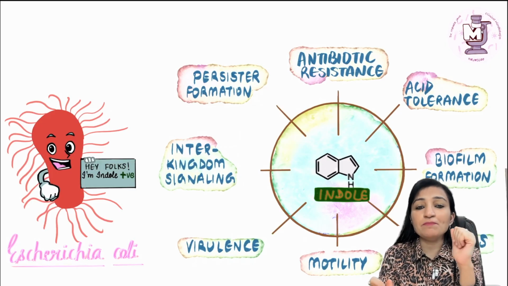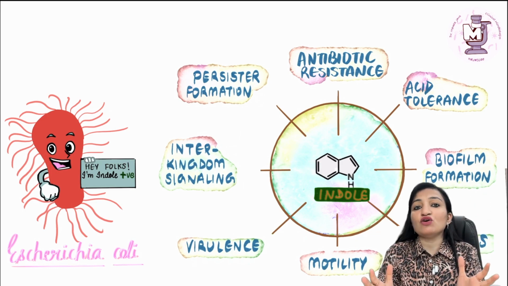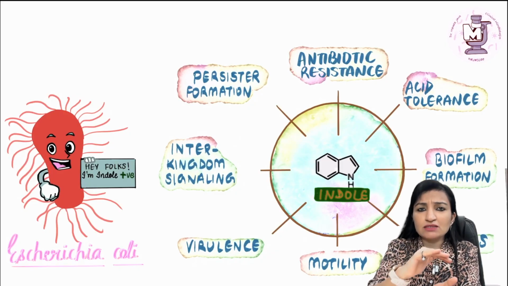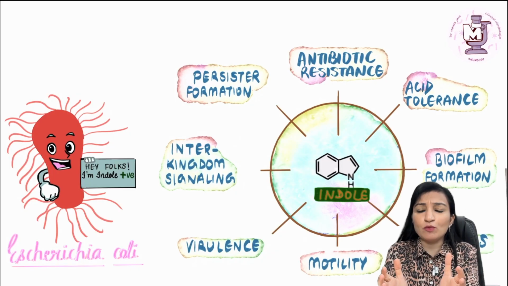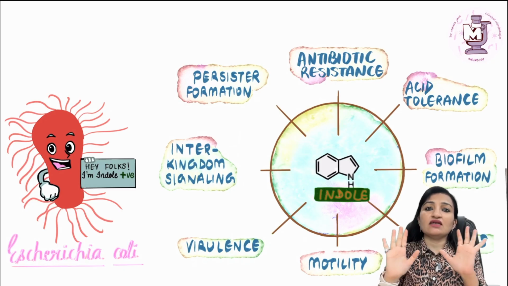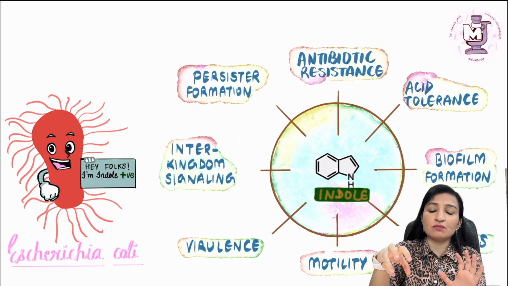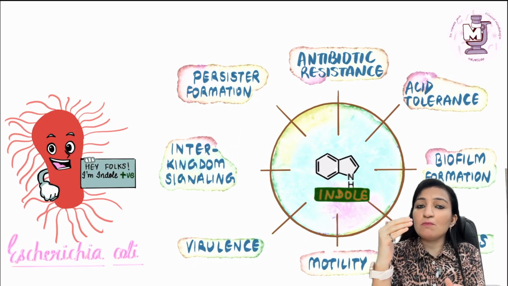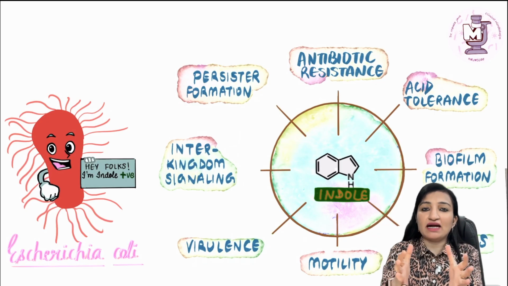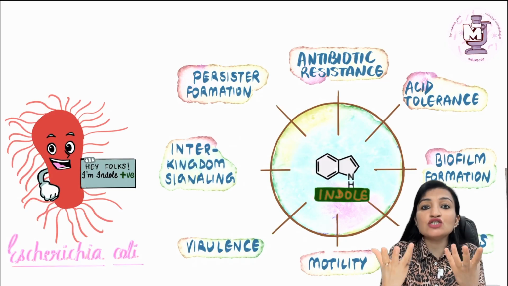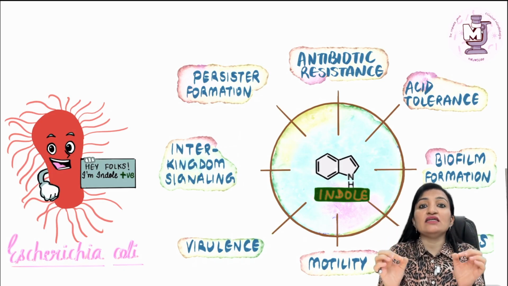Now what is this? Imagine there's a big population of bacteria. In that huge population, imagine there's a subset, a smaller fraction, which becomes lazy. All the bacterial cells in that small population sit quietly. So they are said to be dormant, they will not divide, that is, they are not going to grow. And the unique feature about these lazy bacterial cells is that they are going to show tolerance to antibiotics without any genetic mutation.